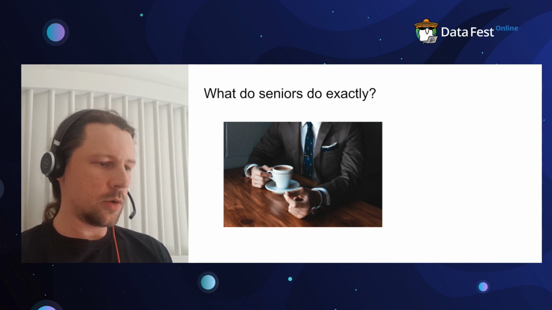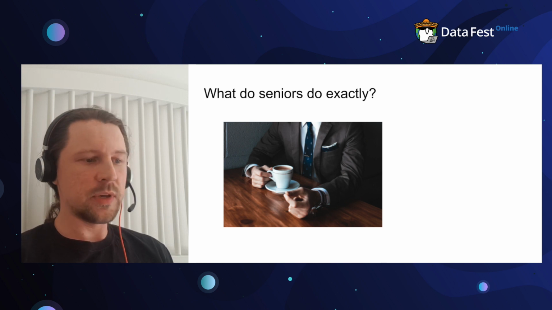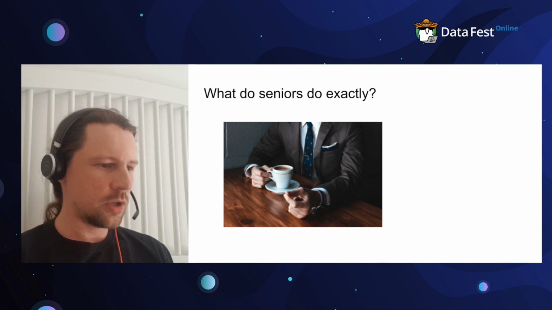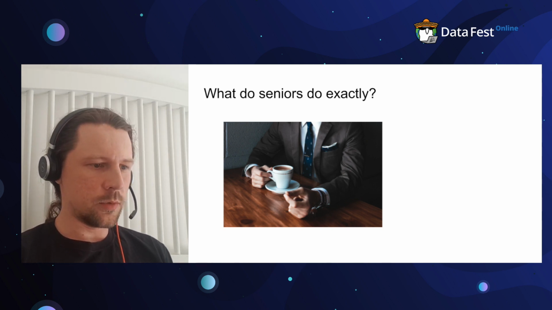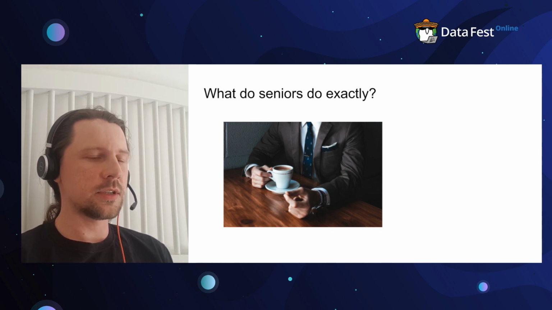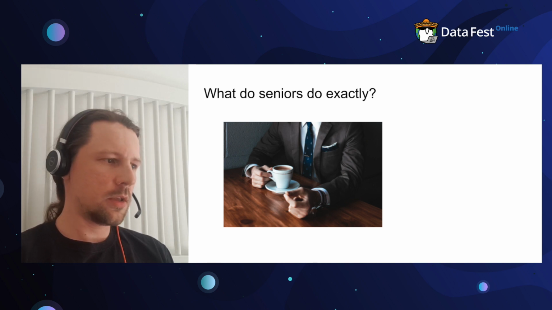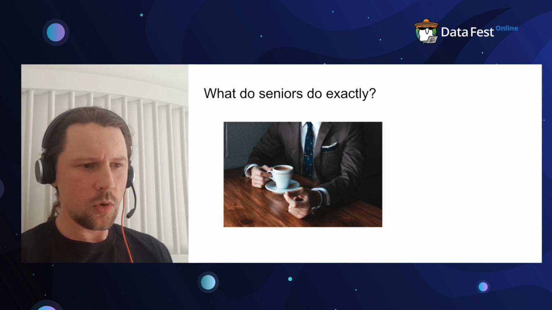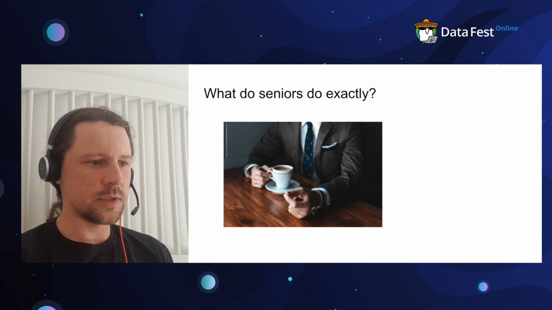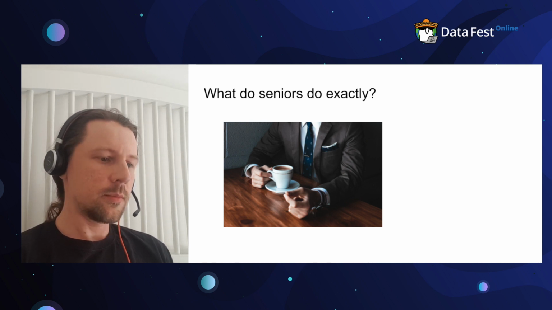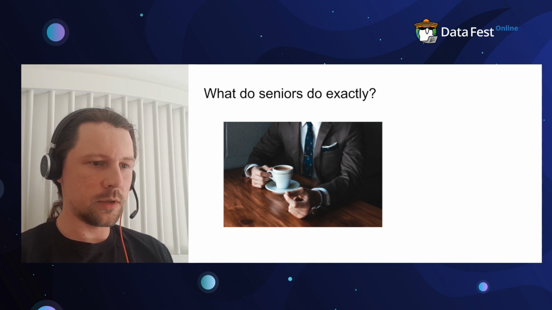Then one of the other things they do is mentoring others. They are sharing knowledge. They are mentoring interns and juniors, both formally and informally. Formally, in some companies there is a formal process, like, hey, let's agree on some goal, and then we meet every week to discuss progress and things like this. But it can also be informal, like just being there to answer questions.